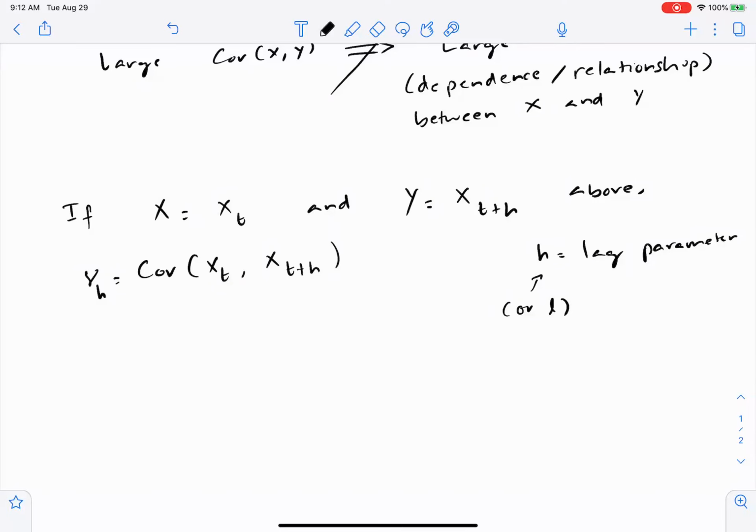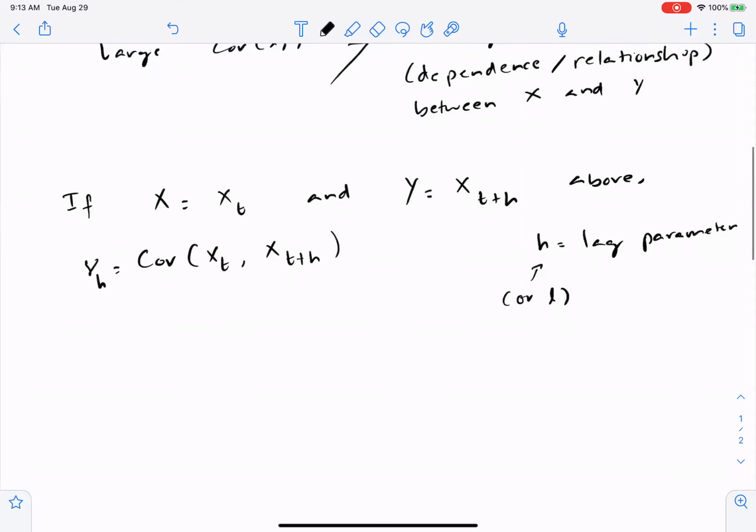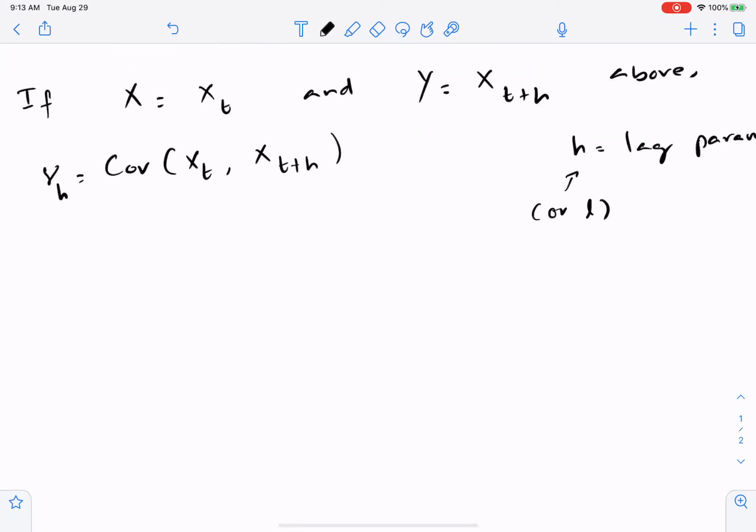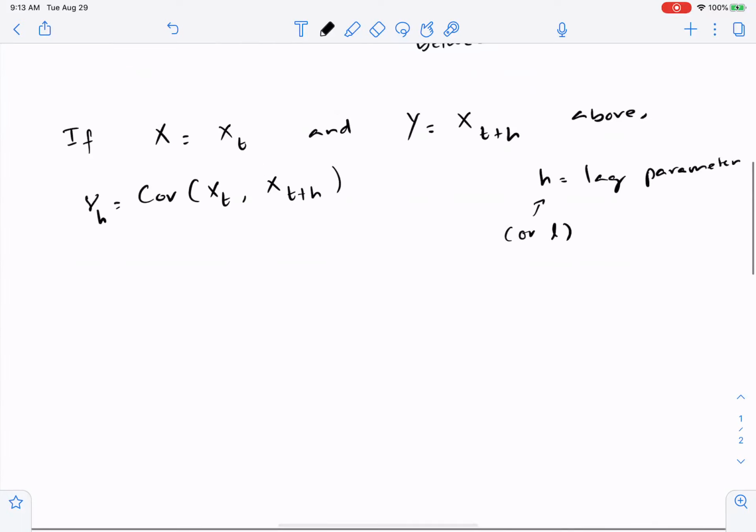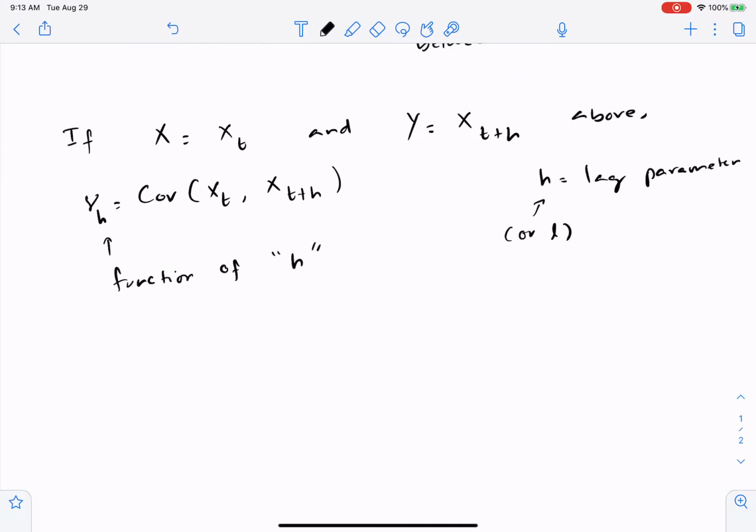So the covariance now becomes a function, precisely put, a function of the lag parameter H. So as we vary H, gamma H, which is the covariance between xt and xt plus H, will change.